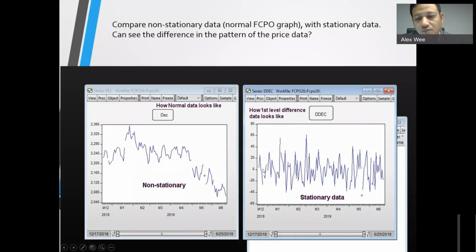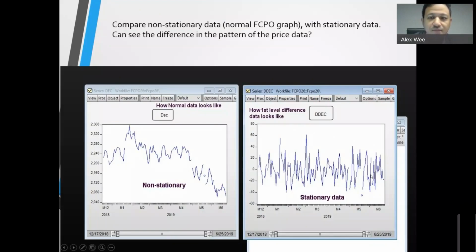So it's important to make the chart stationary in order to do quantitative analysis. This was one of the things that I think in the olden days, they were not aware was necessary. So that's one step to make your indicator more reliable or to have a good quantitative model. First, you need to make your data stationary. This is how the first level difference of the data looks like.